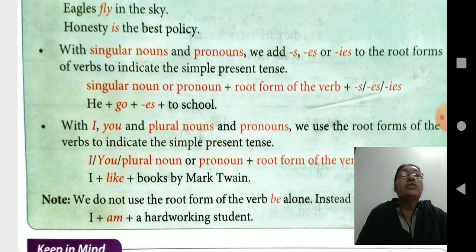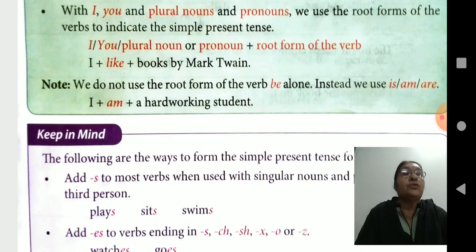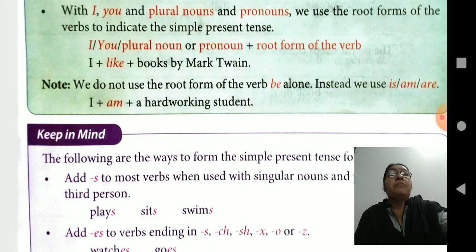We do not use the root form of the verb be alone. Instead, we use is, am, are. I am a hard working student. I am Nimisha teacher. So we use only the to be verb forms. Okay बच्चे, do not use the base form of the verb alone. Okay बच्चे, keep that in mind.